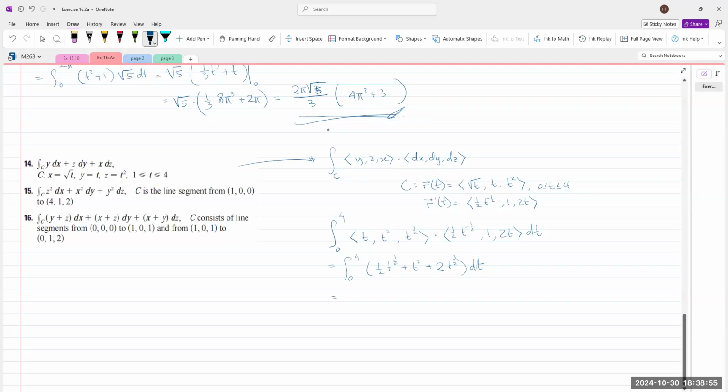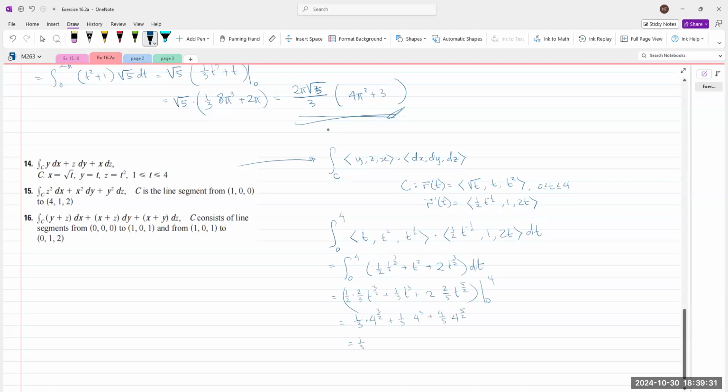So the integral is 1/2 times 2/3 t to the 3/2 plus 1/3 t cubed plus 2 times 2/5 t to the 5/2 from 0 to 4. So that's 1/3 times 4 to the 3/2 plus 1/3 times 4 cubed plus 4/5 times 4 to the 5/2.